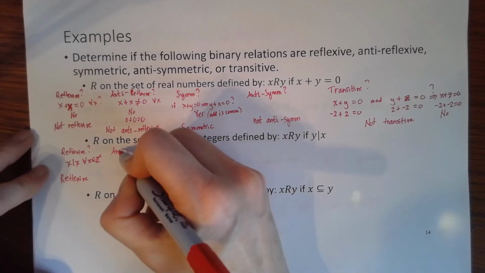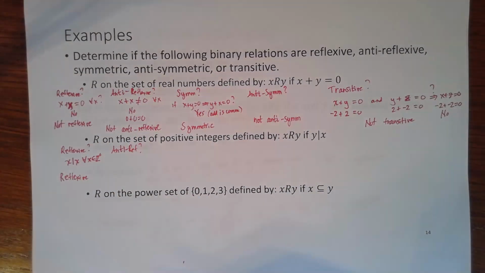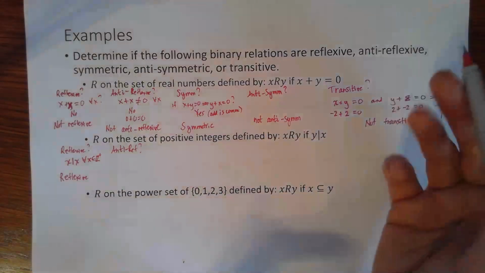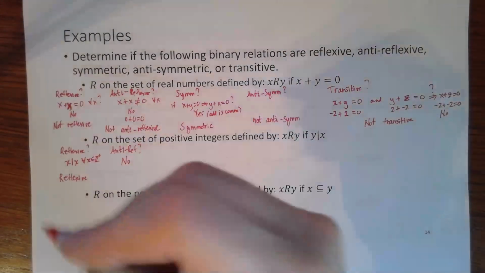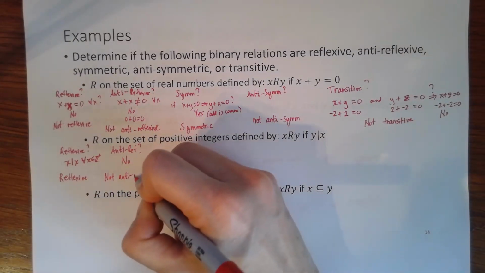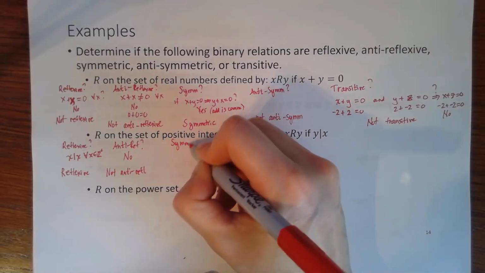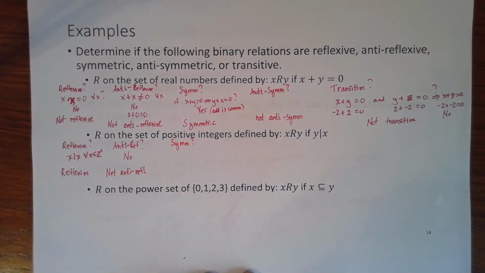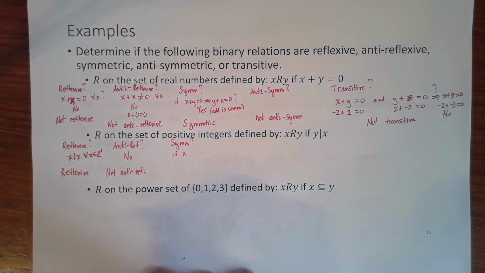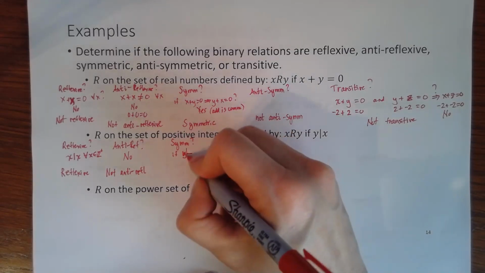Is it anti-reflexive? Okay. Can we never ever find an x that divides itself? Well, no, certainly that's not going to be true, so it's not anti-reflexive. Is it symmetric? Okay, so if x is related to y, I guess we have y divides x.